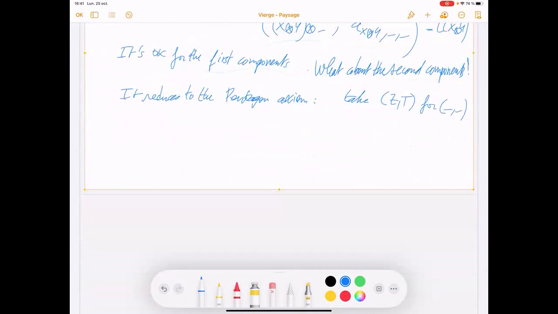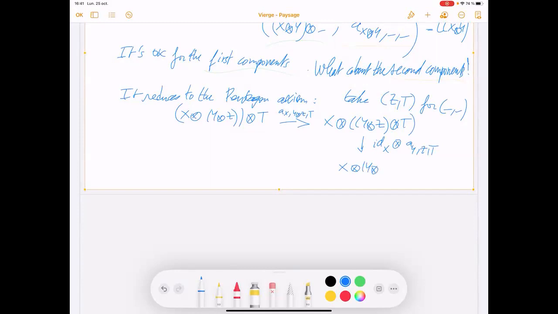So you have X tensor Y tensor Z tensor T. And now you apply A, X, Y tensor Z, T. You get X tensor Y tensor Z, tensor T. And here you apply the identity of X tensor the associativity constraint A, Y, Z, T, and you get X tensor Y tensor Z, T.